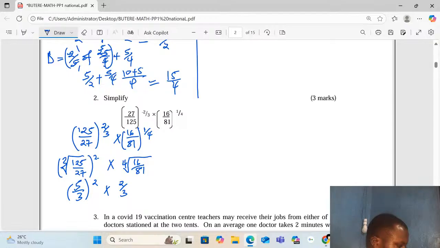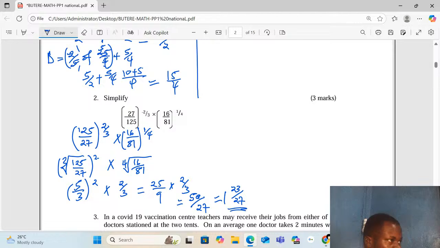Now we square 5 over 3, giving 25 over 9, then we multiply by 2 over 3, and that now becomes our final answer. That is question number 2.